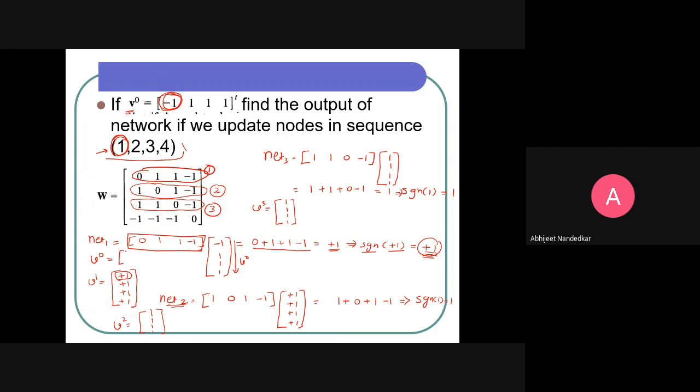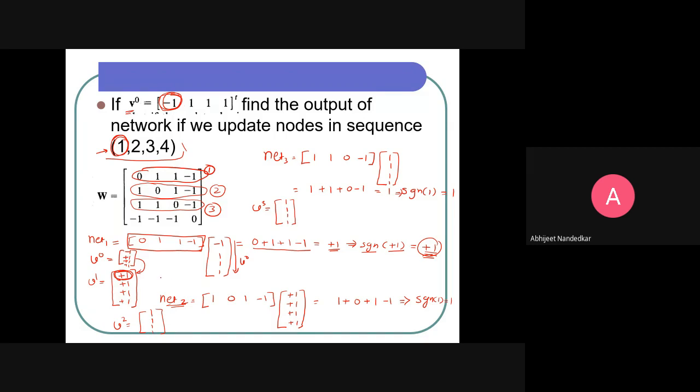V0 was -1, +1, +1, +1. It has changed now to V1. So the first position is now changed. The new output vector is +1, +1, +1, +1. So all +1s.